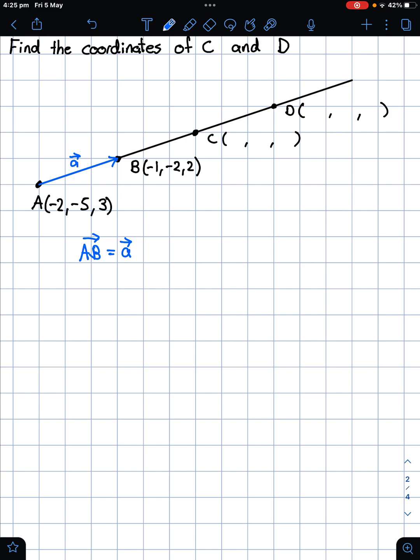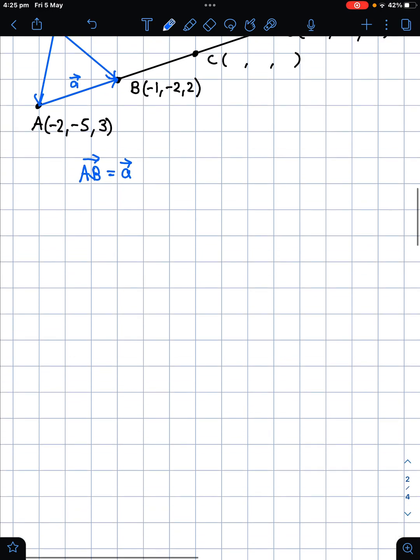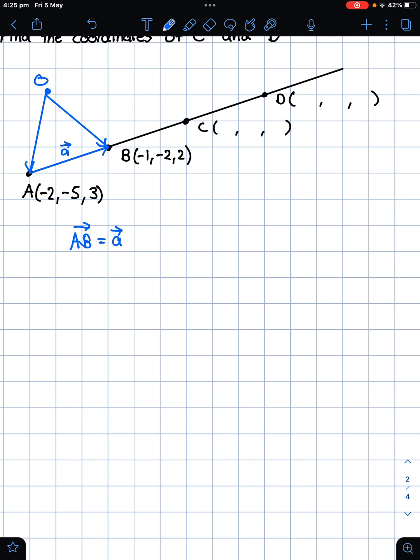Now, the reason this is beneficial is if I quickly draw these ones in here, and we call this point the origin, then technically we can figure out this a vector.